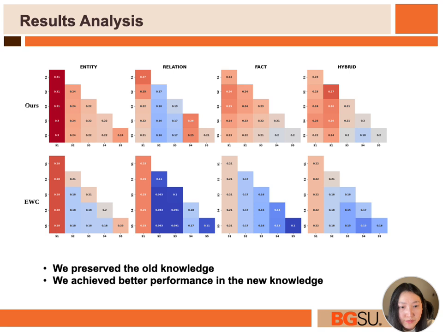After the experiments, we did the result analysis. This is the performance comparison of our model and the EWC model across 5 snapshots for 4 datasets. Each subgraph represents the MRR value for each model at a given snapshot test set. The deeper red color indicates a higher MRR, while a shift towards blue signifies a lower MRR. Notably, our model consistently achieves higher MRR values, with significant peaks observed in the entity and hybrid datasets.